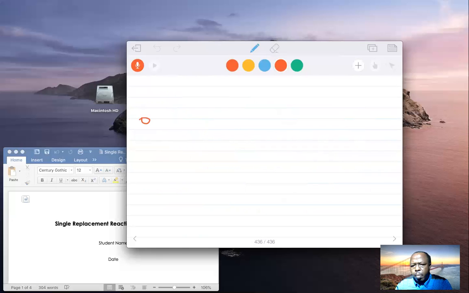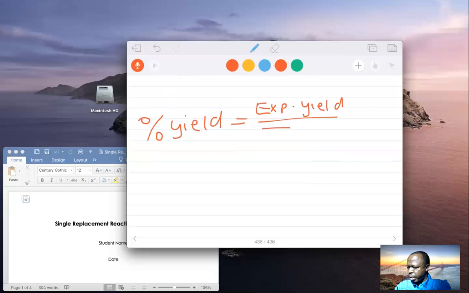Percent yield is obtained from the experimental yield over theoretical yield times 100%. This is what you will use to find the percent yield of your reaction.